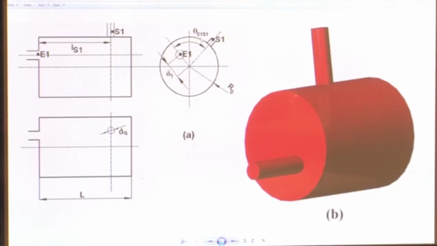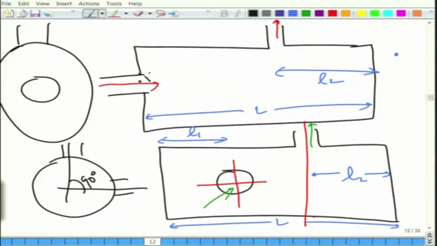Well, the idea is that the side inlet and a side outlet is equivalent to an extended inlet and an extended outlet expansion chamber muffler as far as planar wave propagation is concerned, because the transfer matrices that relate point 1 and point 2 here will be of exactly the same form as that of the extended inlet and outlet chamber.